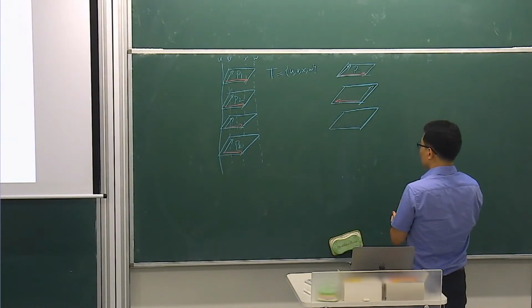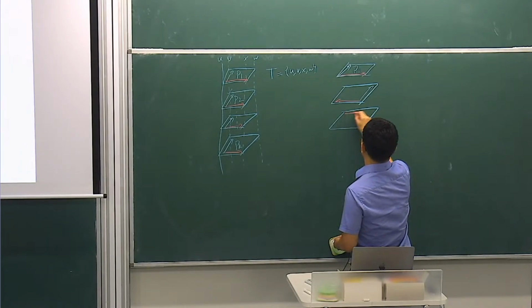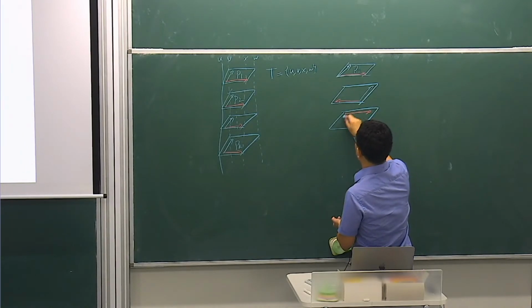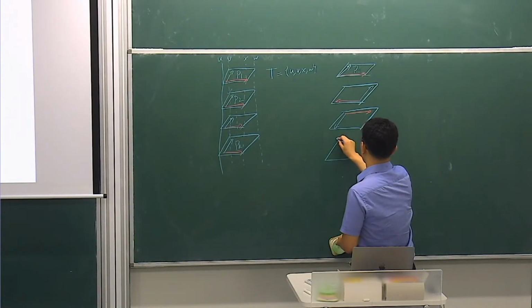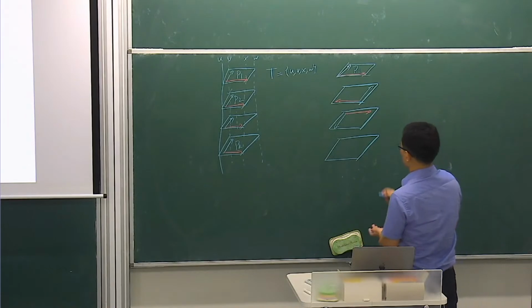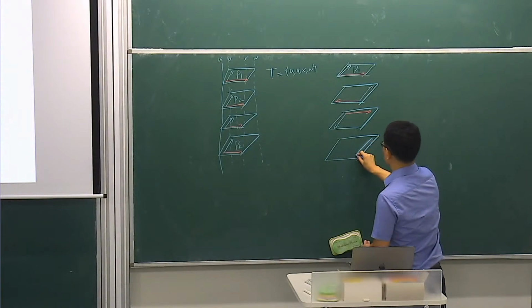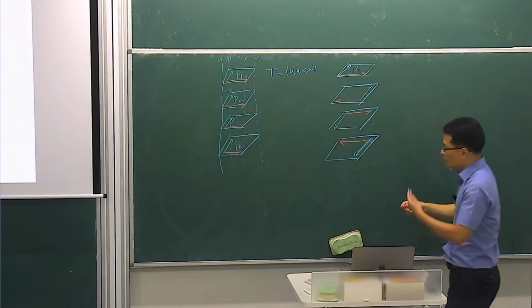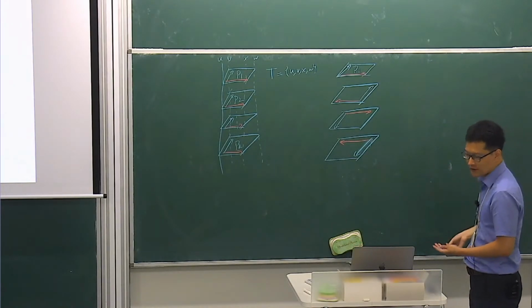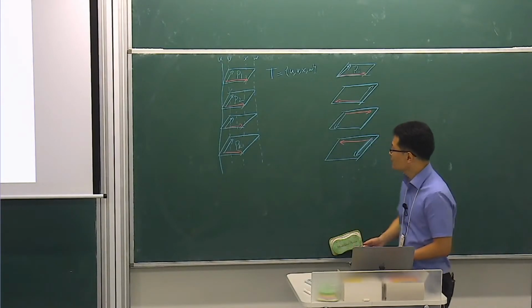For the third choice, we can flip upside down. And the last one is both of them. So for each piece, we have four choices, so there are exponentially many constructions.